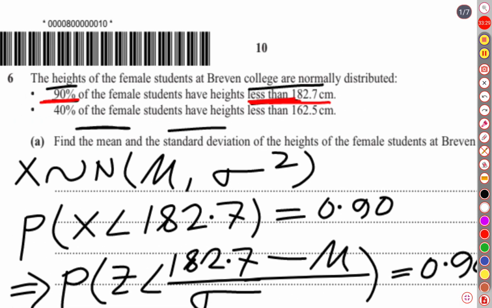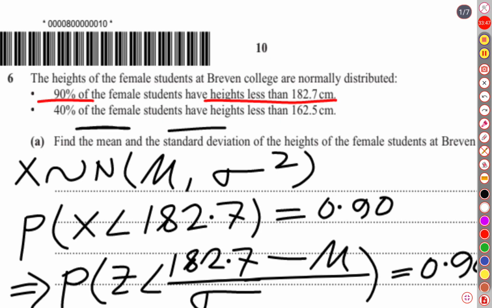What does the information say? Let me erase first of all. Look, they have given us that the probability of less than 162.5 is 40%.